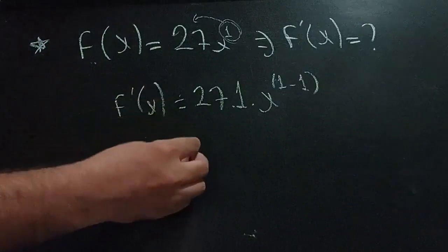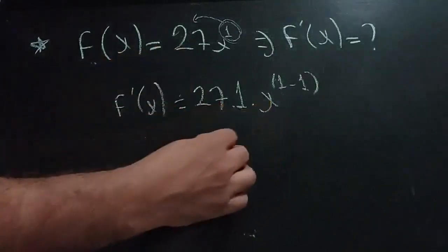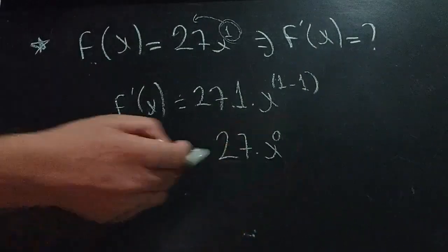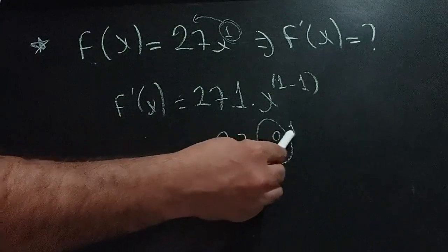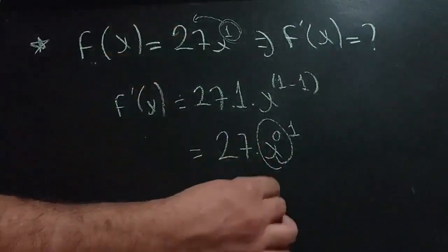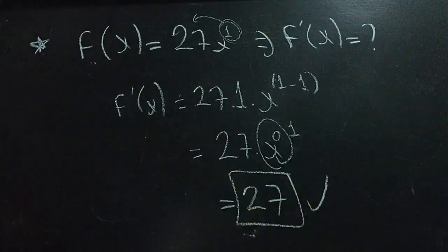So that will be 27 times 1, 27, times x power 0. A number power 0 is 1, except 0 power 0. That will give you 27. That will be your final answer.